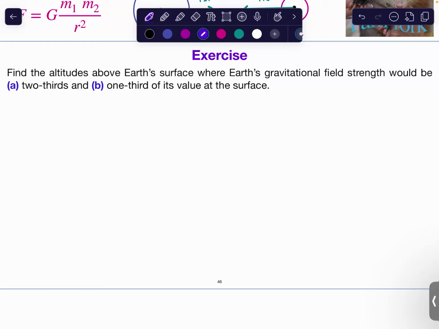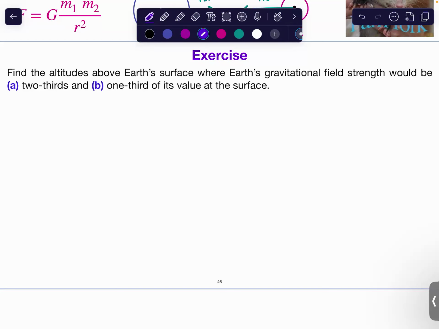Okay, so here, find altitudes above Earth's surface where Earth's gravitational field strength would be first 2/3 and second 1/3 of its original value at the surface. We've been talking a little bit about weight. The way you can think about that is an object's mass inside of the Earth's gravitational field.